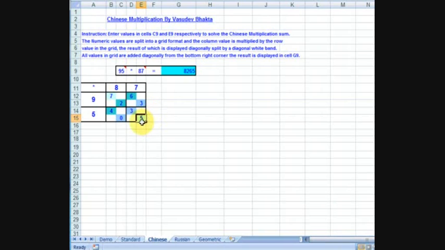Now just add these numbers diagonally as shown here with a colored band.